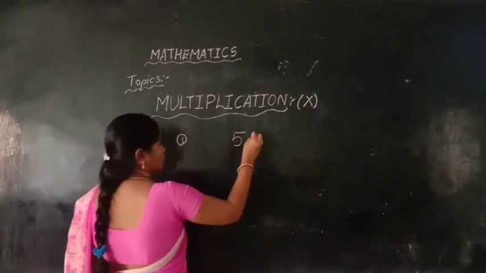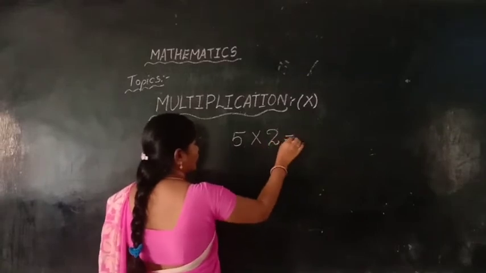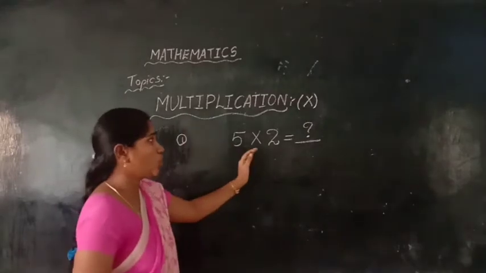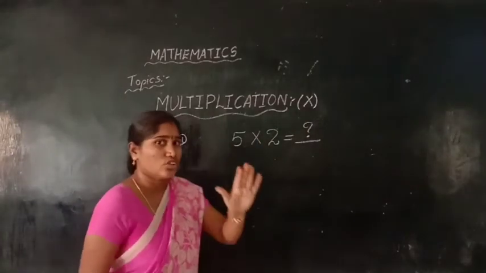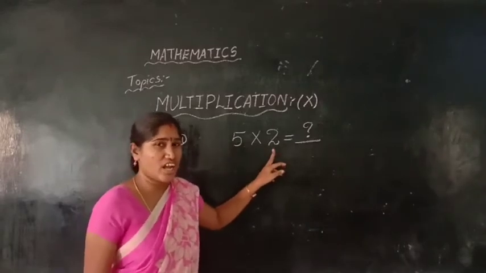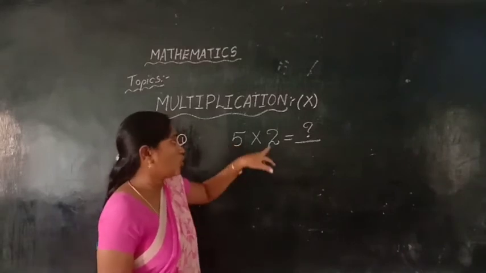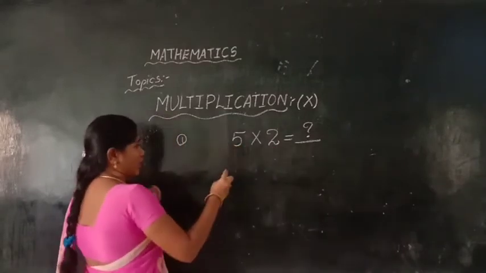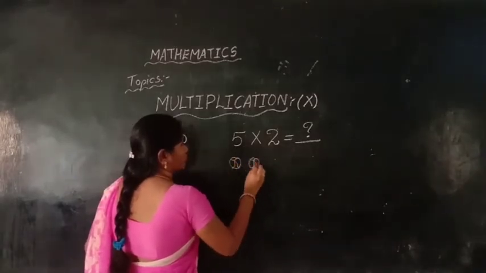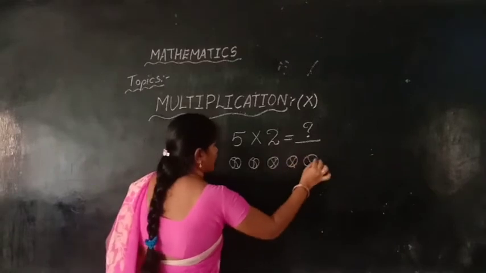5 into 2 equals dash. 5 into 2. That means we have to take 5 two times. 1, 2, 3, 4 and 5.